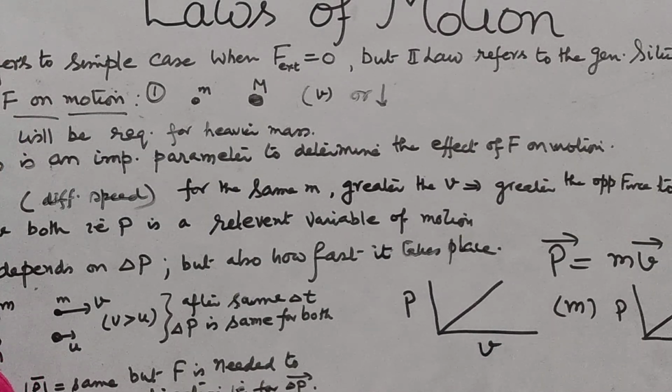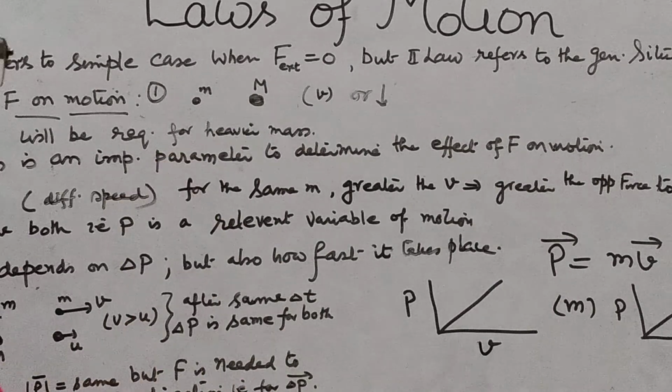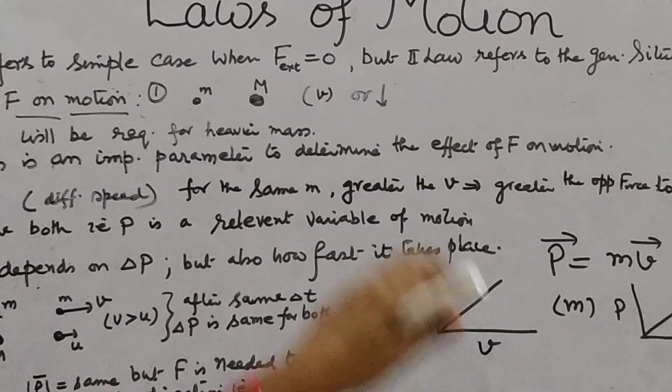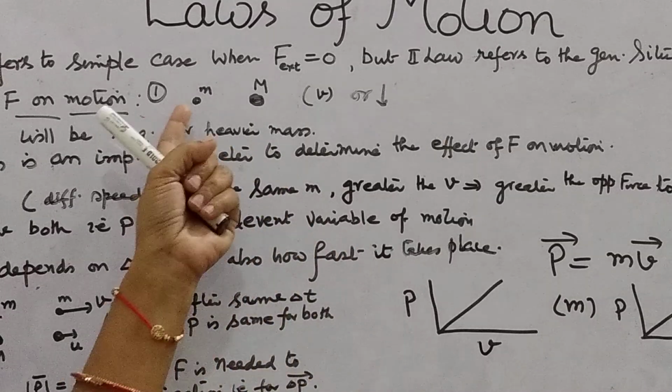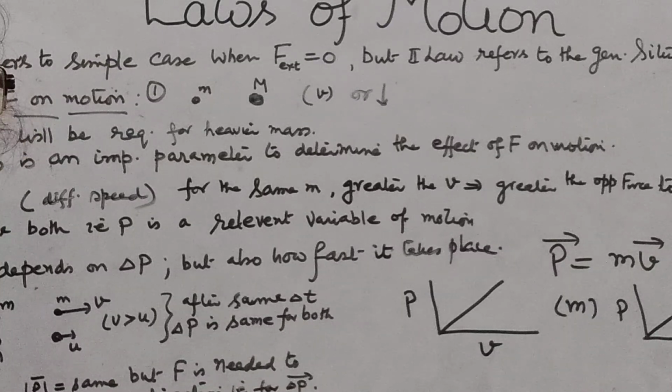By common sense you know that a larger force is applied to the greater mass, because velocity is to be kept constant. The larger the mass, the more force is required, and the lesser the mass, the lesser the force required.